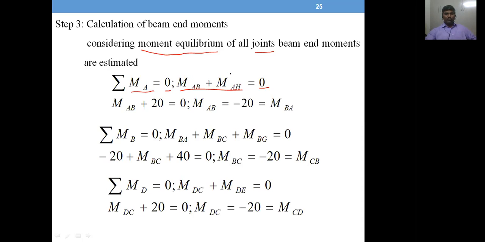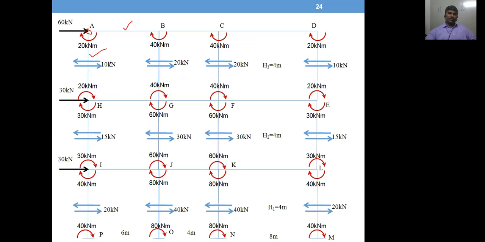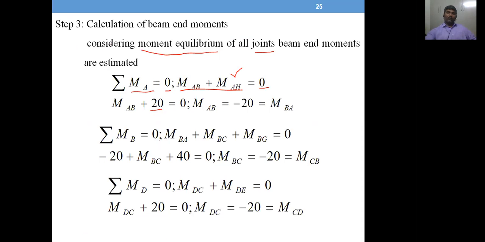So we know the moment of the column at A. That is 20, so that is taken here. If you want, you can see in this: 20 kilonewton meter is the column end moment. So 20 is substituted. What do you want now? The beam end moment. So at end A of beam AB, what is the moment?